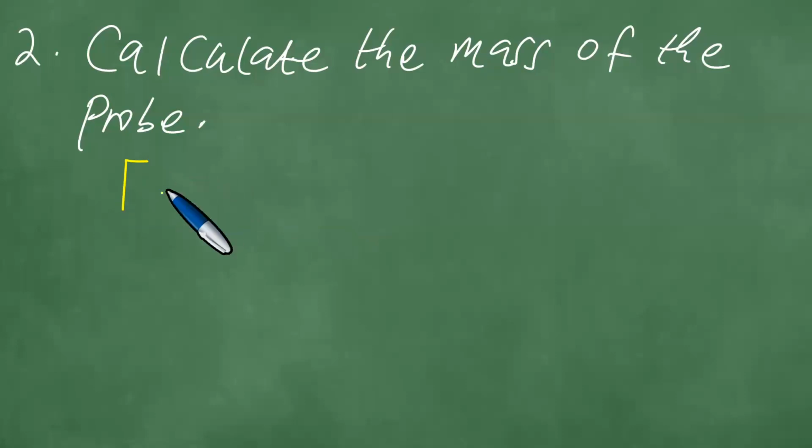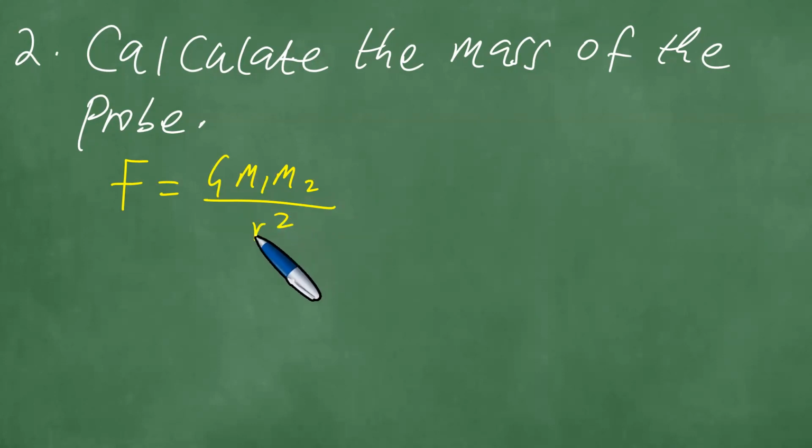So F equals Gm1m2 over r squared. The force of attraction here is 338.